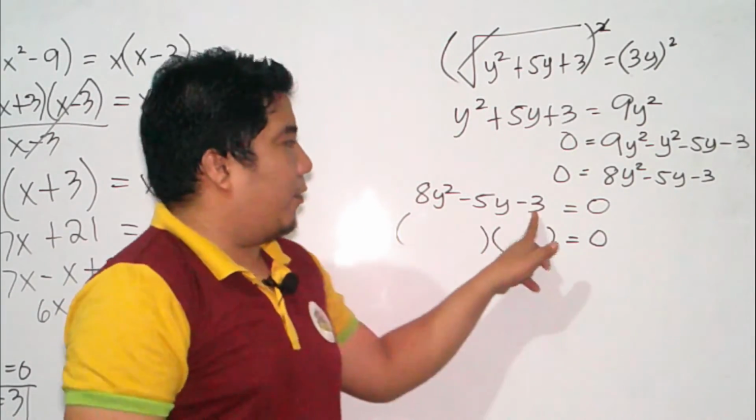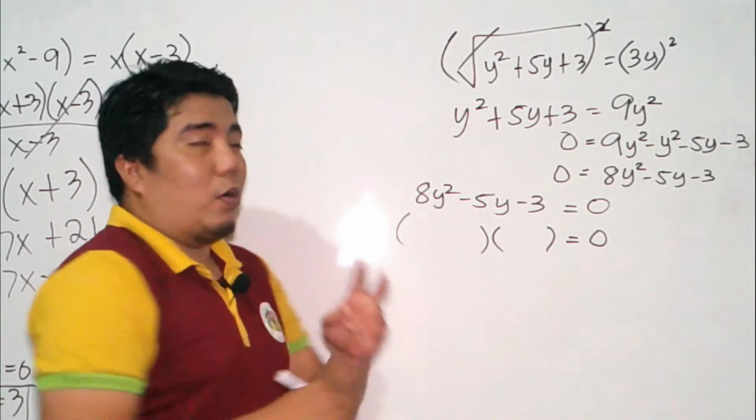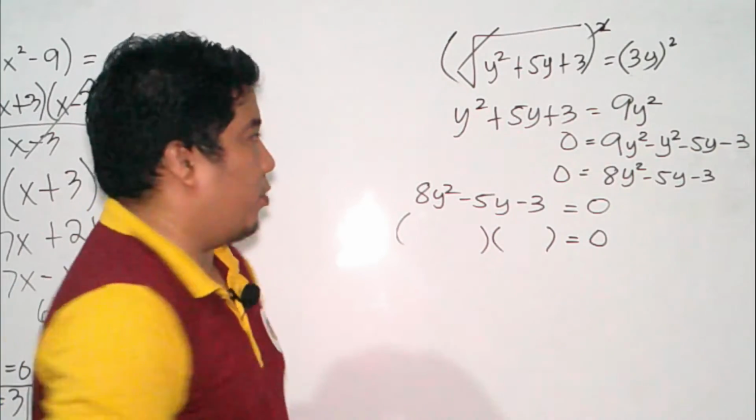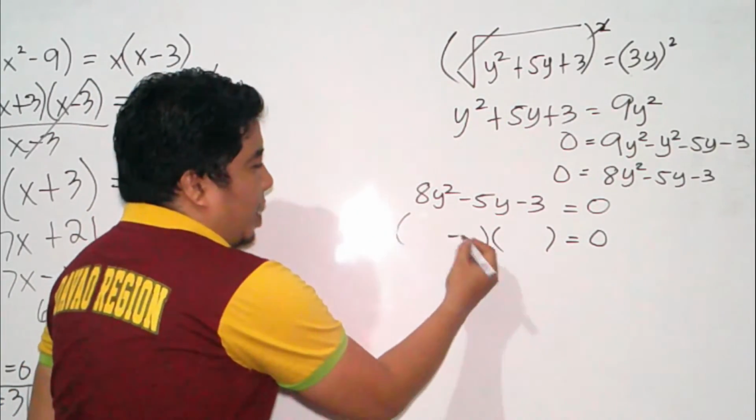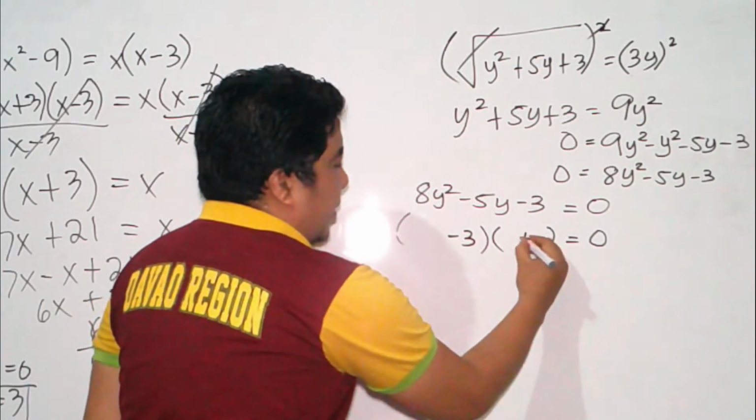Now, let us consider first negative 3, because it doesn't have many factors. There are only two: positive 1 and negative 3, or negative 3 and positive 1. Okay. So, let's just consider, this is trial and error, okay? So, negative 3 and positive 1.